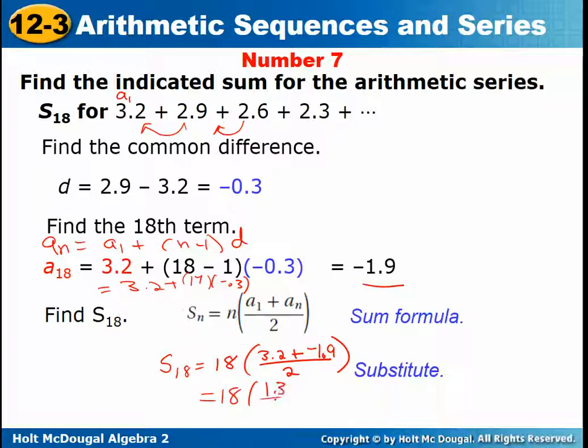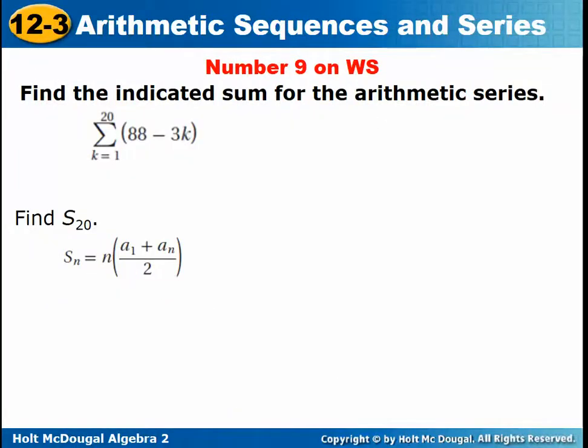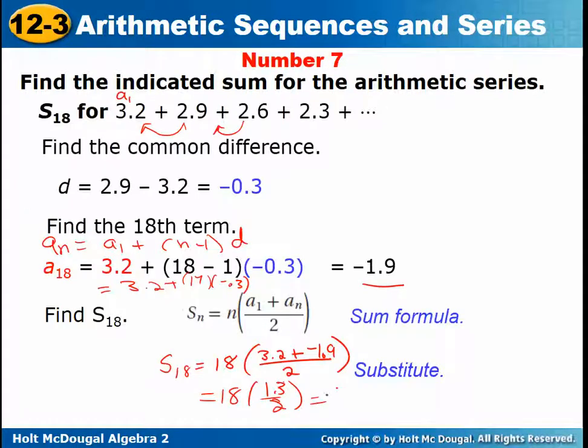So 1.3 divided by 2 is 0.65. And 18 times 0.65 is 11.7. So S of 18 is equal to 11.7.